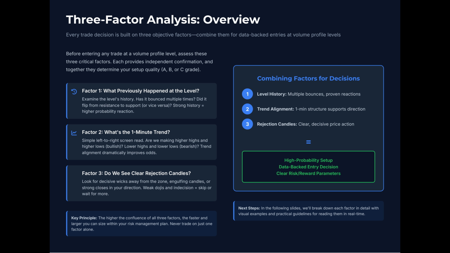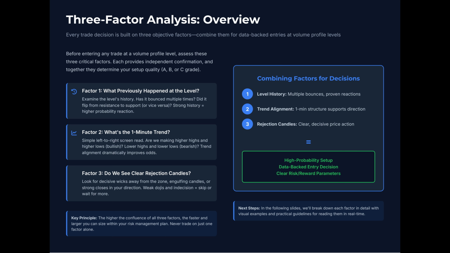Key takeaways for the 3-factor analysis framework. 3 independent factors must be evaluated for every setup: level history, trend definition, and rejection candles. Each factor is scored 0 to 2 points based on strength and alignment.